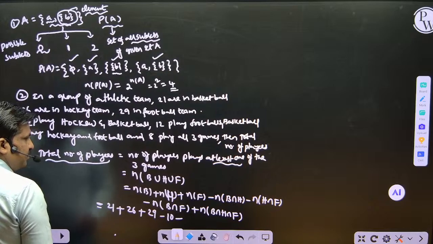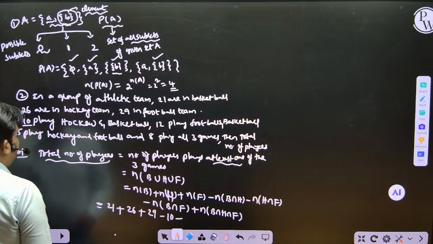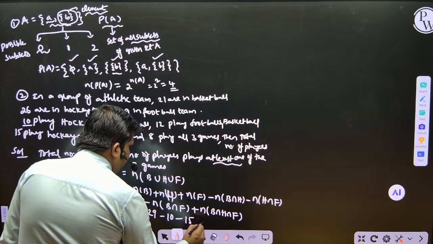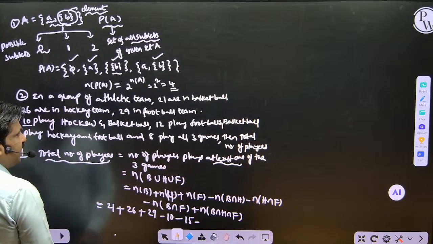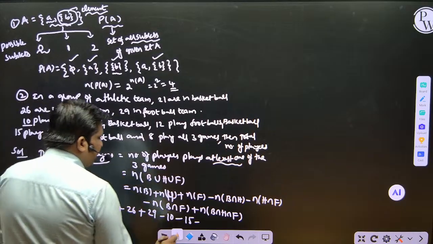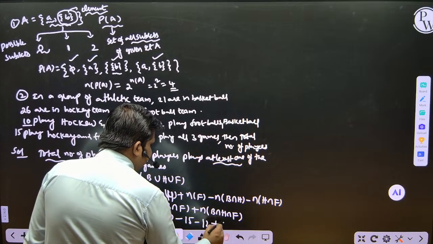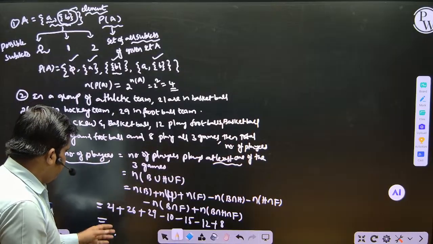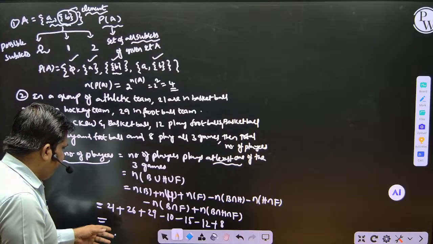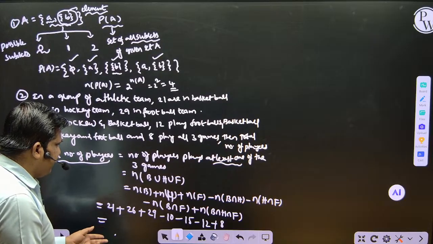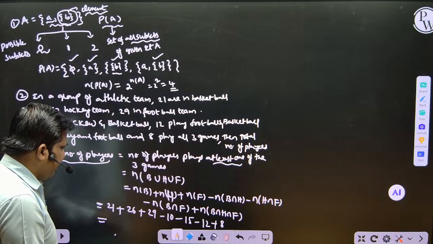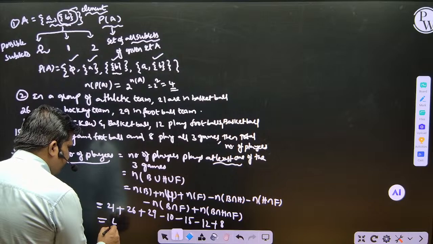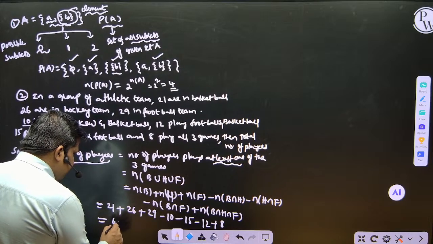Minus hockey and football, 15. Minus basketball and football, 12. Plus 8. Then the total gives 47.